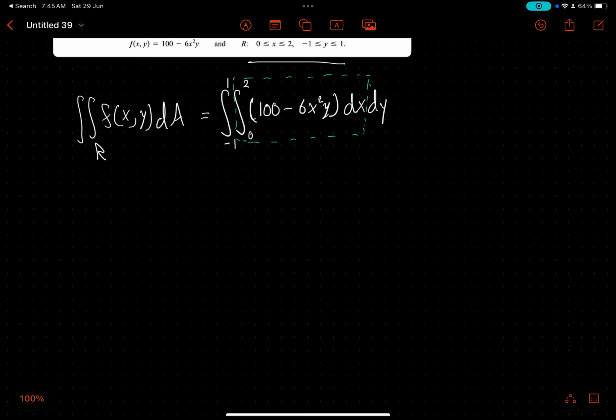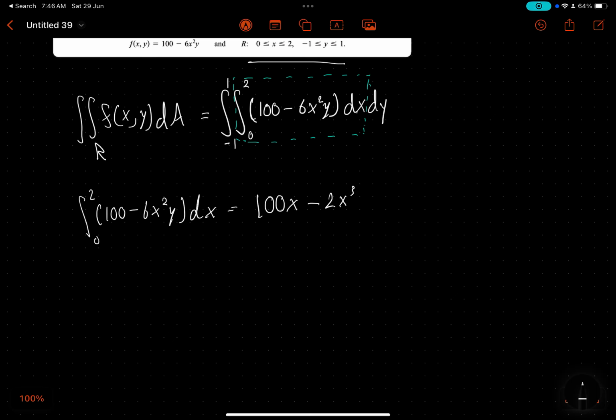So if we take it separately, the integral of 100 minus 6x squared y with respect to x is going to give us what? It's going to give us 100x minus 2x to the 3 y, from 0 to 2. Now evaluate this.